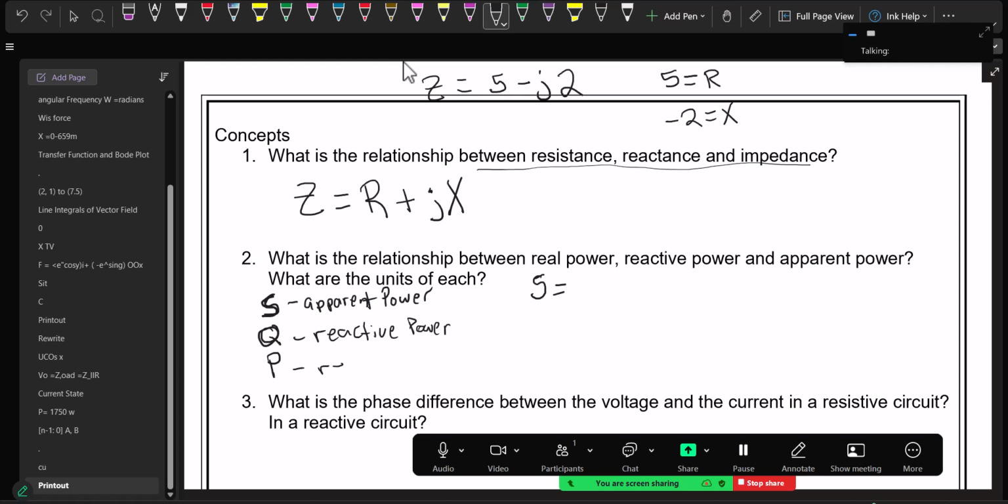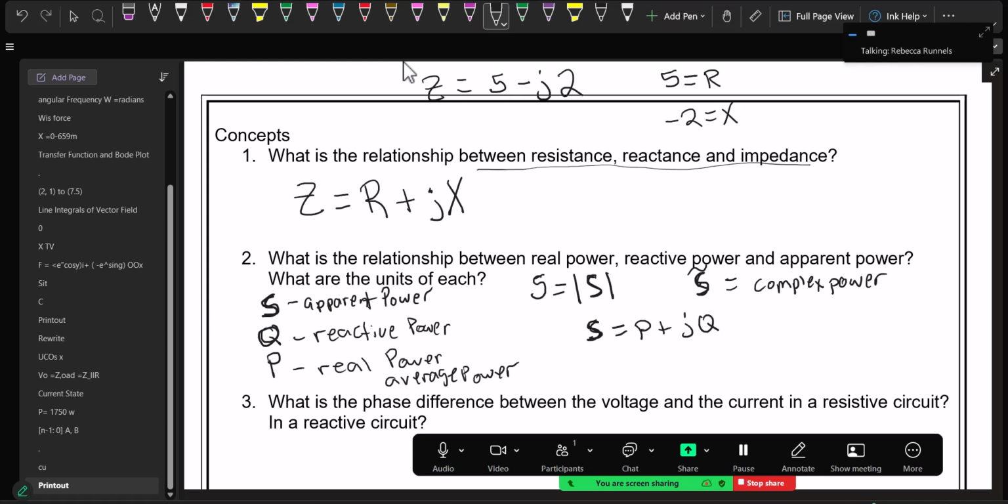P is real power, and what's the other name for it? Average power. And apparent power, actually S, is the magnitude of the complex power. So S in bold or with a little squiggly on it is the complex power, and the complex power is P plus jQ.